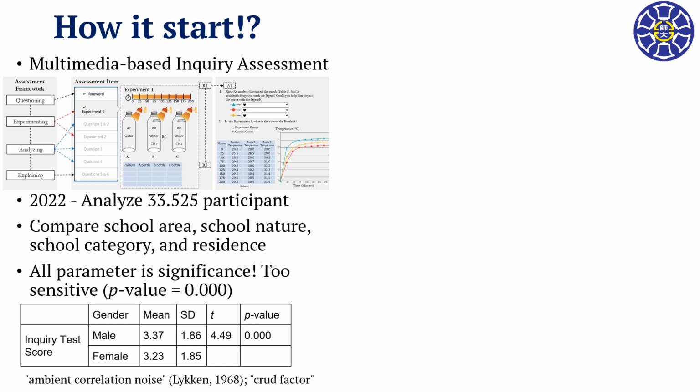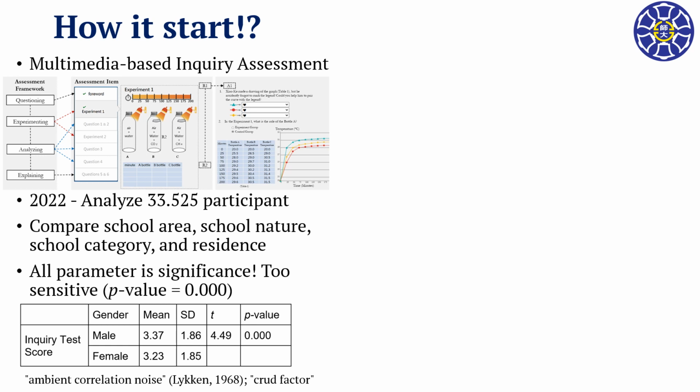In the next discussion, after I read and learned more, I heard about ambient correlation noise and crud factors, which made our test too sensitive because we have too many participants.